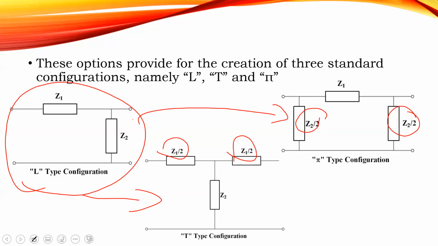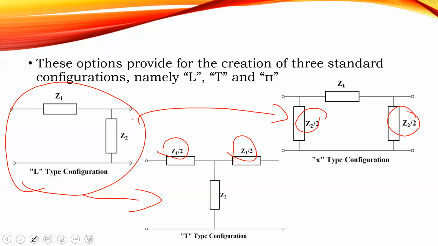So in terms of moving from the L configuration to the T or the pi, that's what we need to focus on. Well, I suppose that's the only real challenge that you're asked to consider in moving from one to the next, because usually we would give you the formula for calculating all of this on the exam paper.